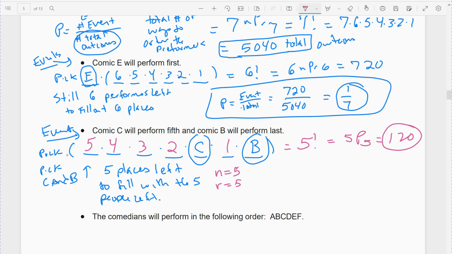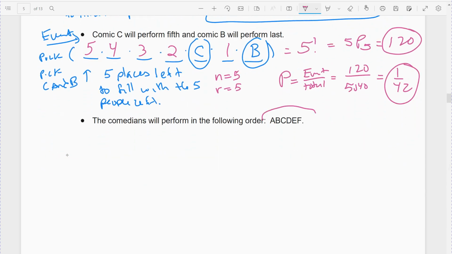But that's not the answer though. Remember, the probability is my event over my total, which would be my 120 ways out of my 5040, which simplifies to 1 over 42. So there's a 1 over 42 shot that will be the outcome.